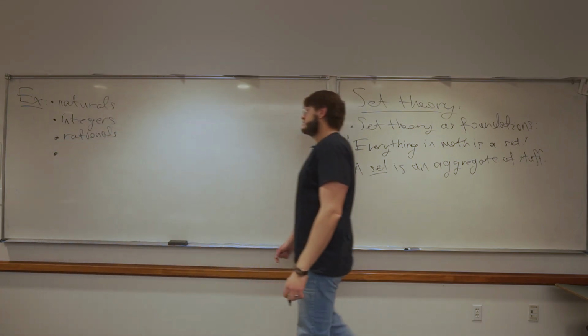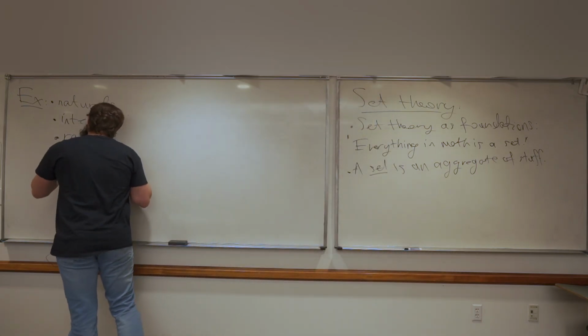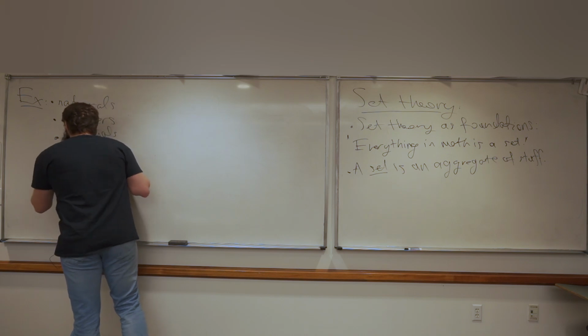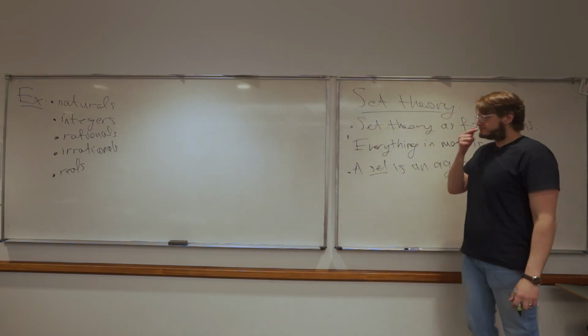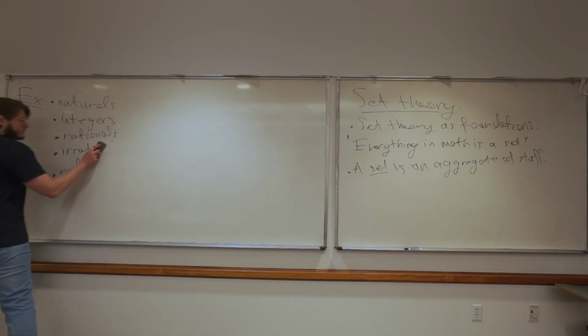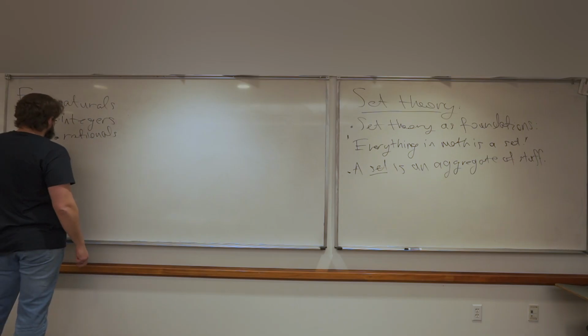What else? Irrationals, right? And reals. There are many more, of course, but let's just first focus on these. And in fact, let me just drop irrationals, because it's good to think about this sort of hierarchy. Reals.